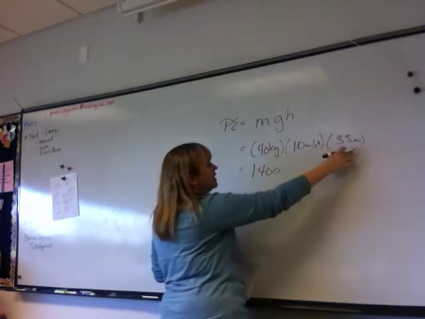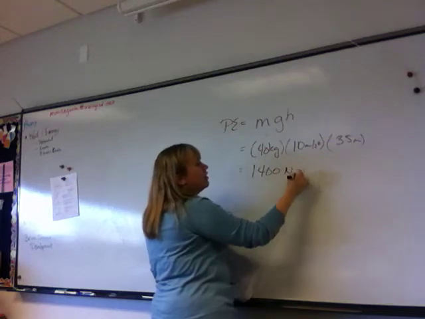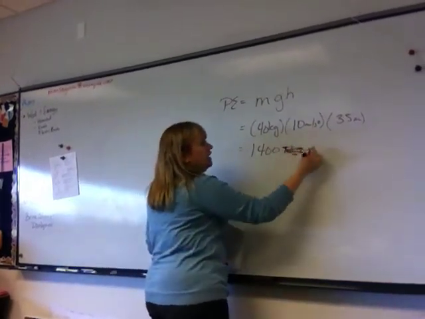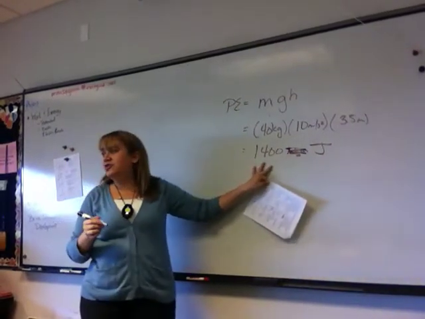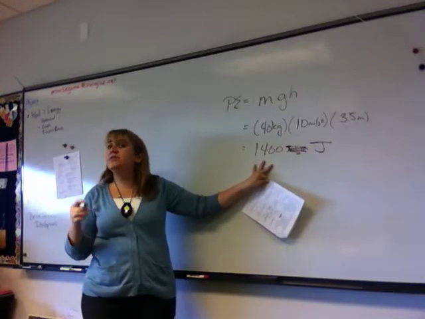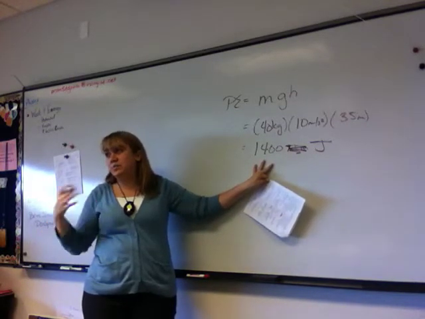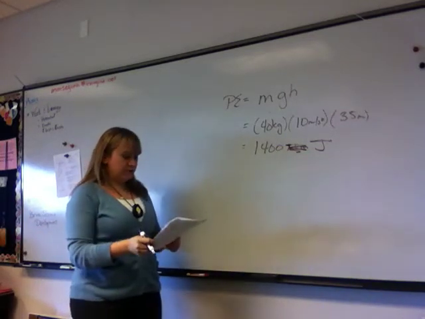We got kilograms per second squared. It's going to end up being a Newton meter, but since we're talking about energy, the unit that we actually use for it is the joule. So 1,400 joules is how much energy it is. If you forget about that, in your formula chart on page 3, it has Newton meters on there. Newton meters are joules, so it is present for you.